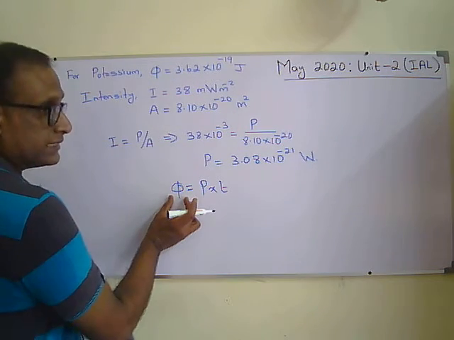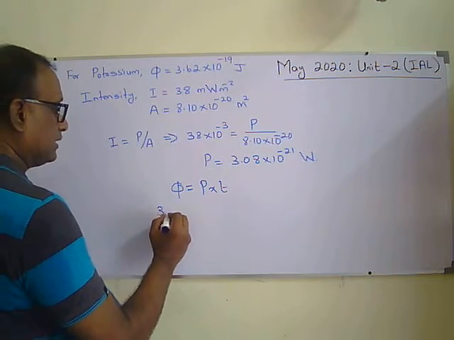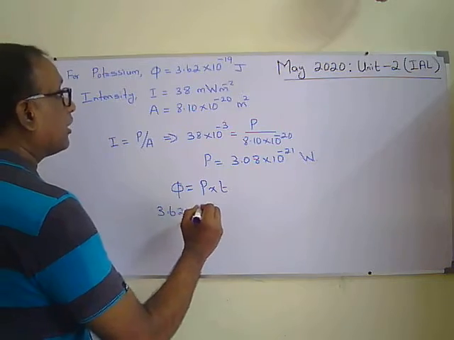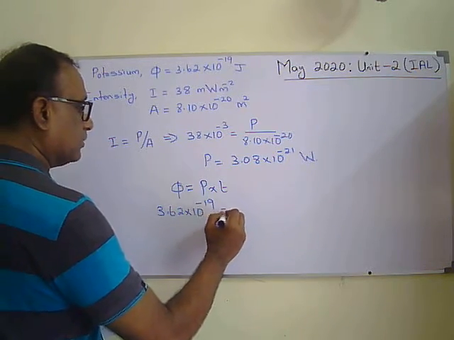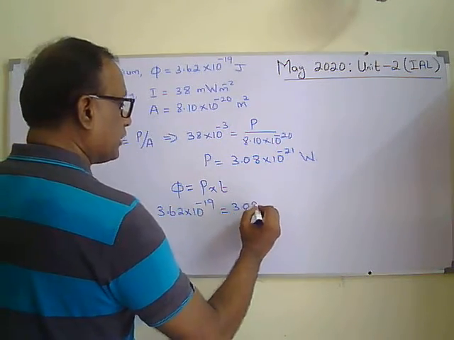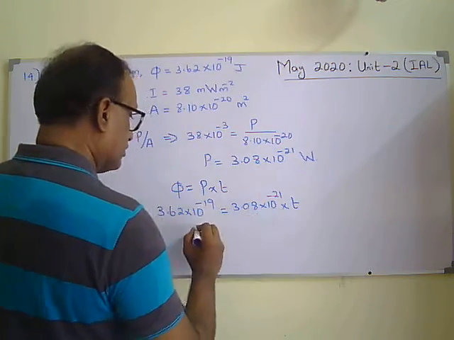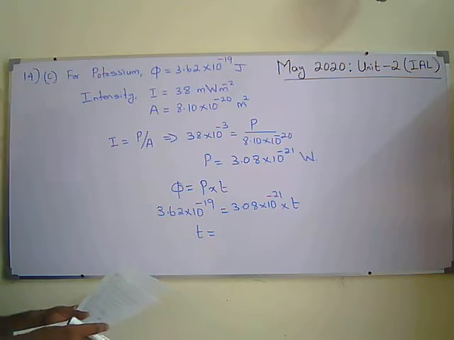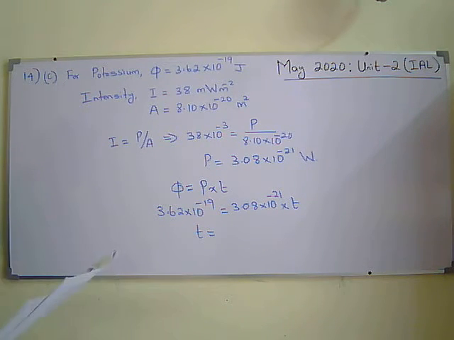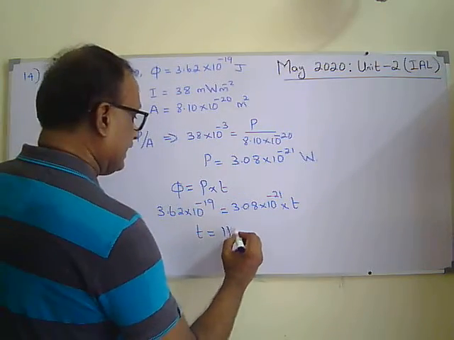So the required energy is the work function. That is 3.62 times 10 to the power minus 19 equals 3.08 times 10 to the power minus 21 times t. So find the time. How long will it take to supply this amount of energy? You will get almost 118 seconds.